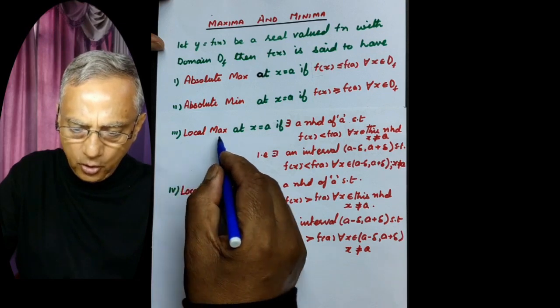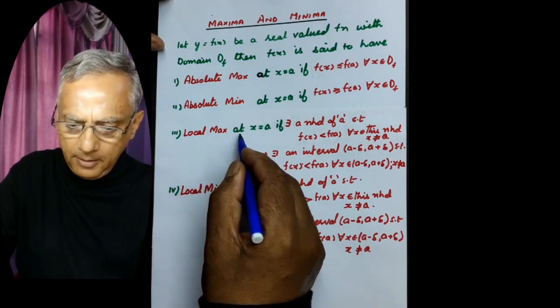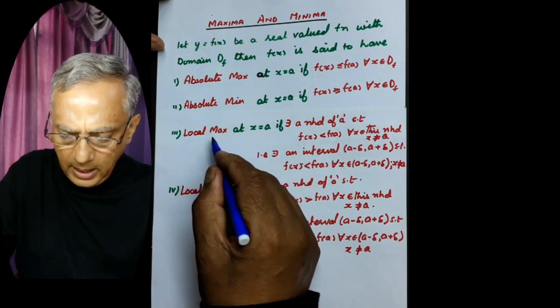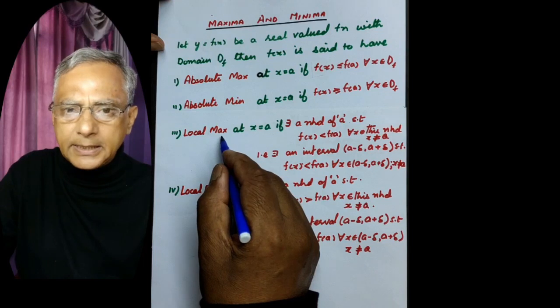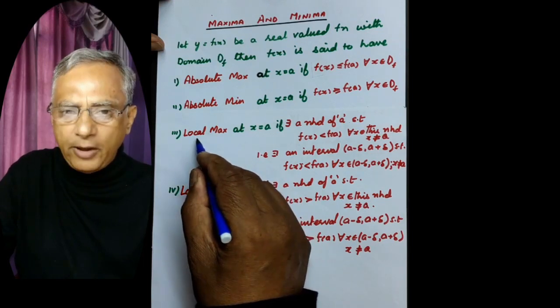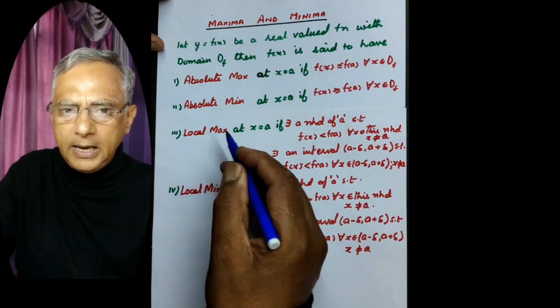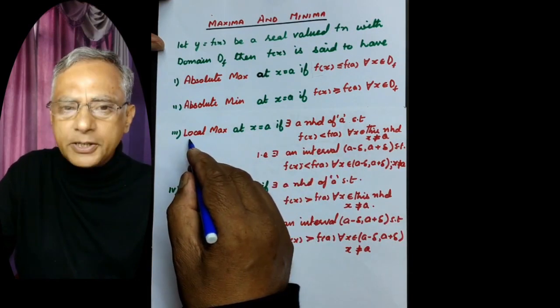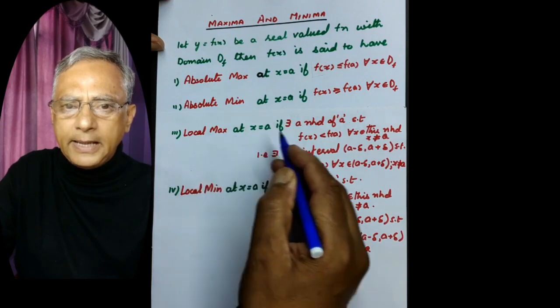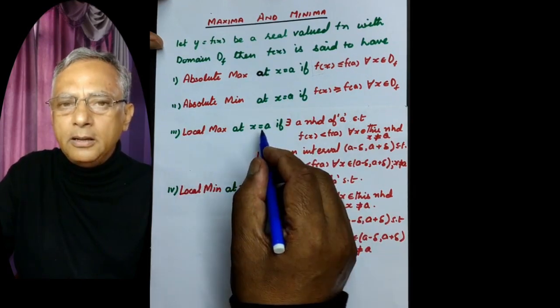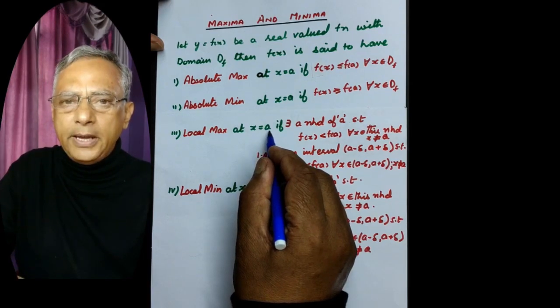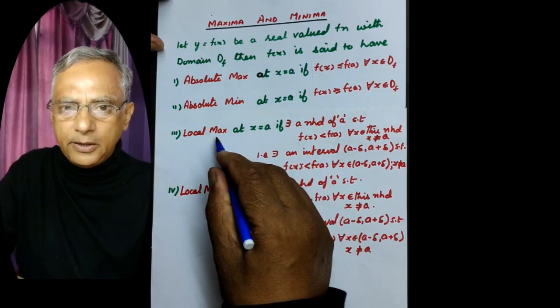Next is local maximum. Local maximum at x equal to a. Local maximum, as the name suggests, is the maximum value of the function in its locality, that is in its neighborhood, that is at the points near x equal to a. This is the maximum value.